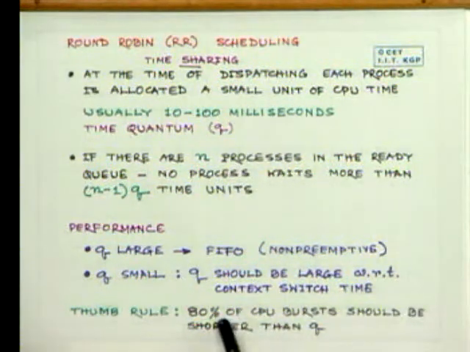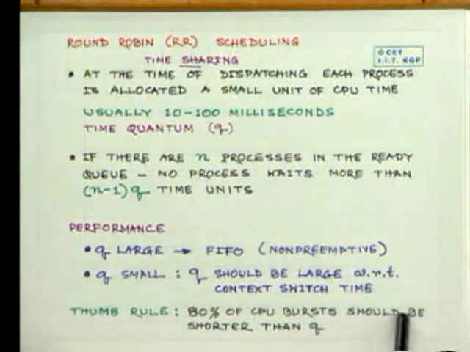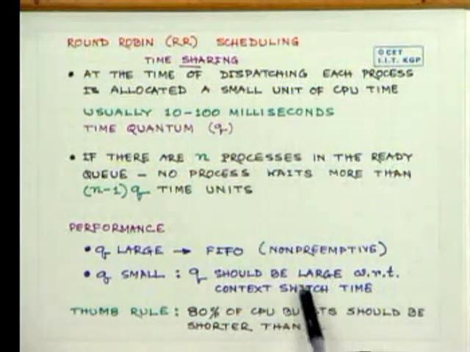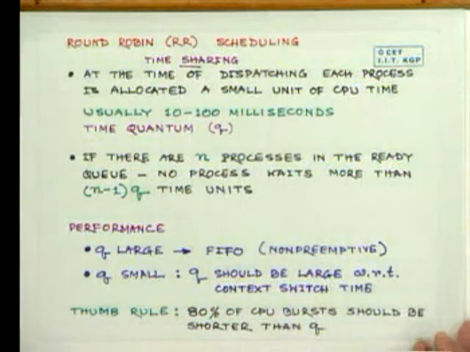Therefore, we go for a thumb rule, found from observations: if we choose q such that 80% of the CPU bursts are shorter than q, the behavior turns out to be more or less okay.